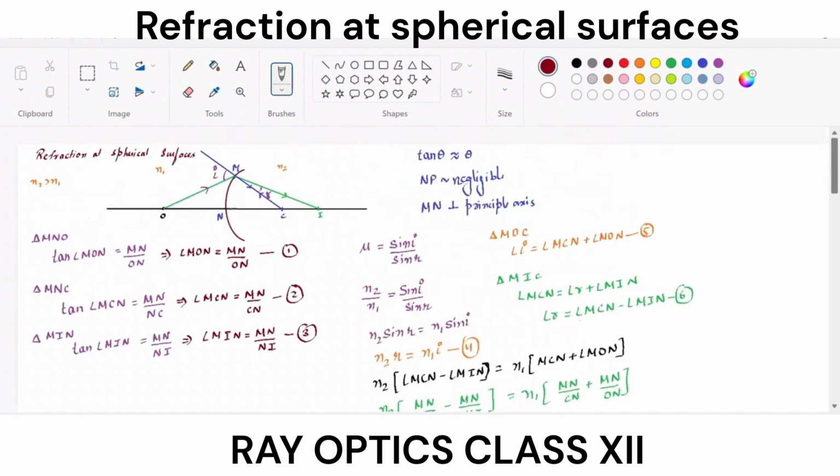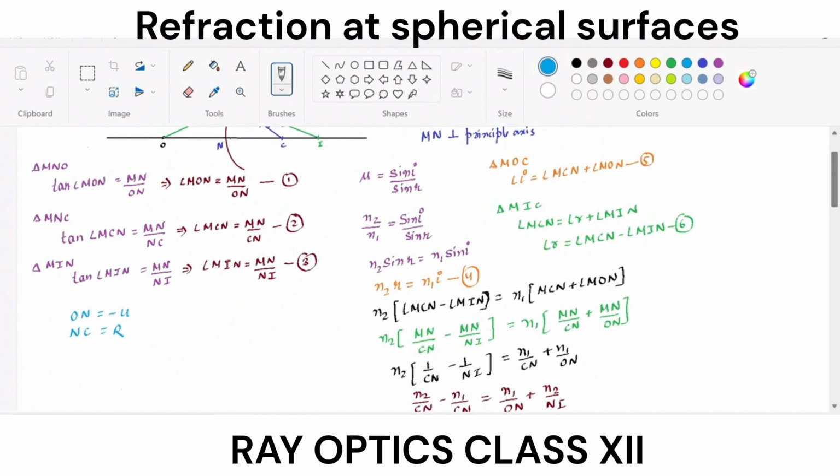Let's go back. ON, if you look at this diagram, is nothing but your object distance. So if you are sitting at the pole of this surface, this will be on the left hand side, so minus u. CN is the radius of curvature, which is lying on the right hand side, so positive.